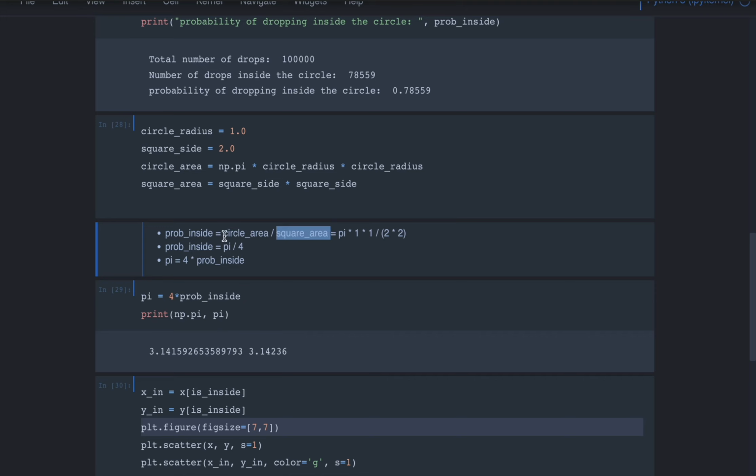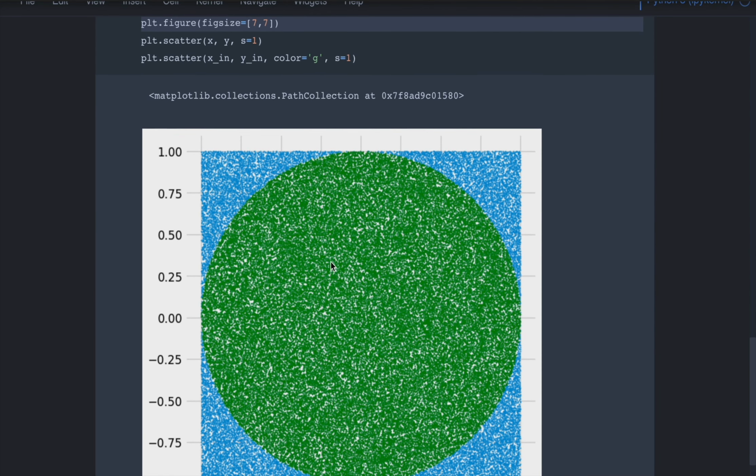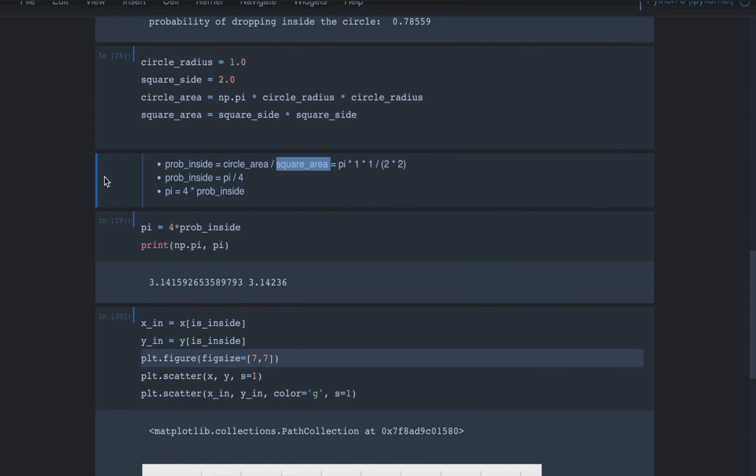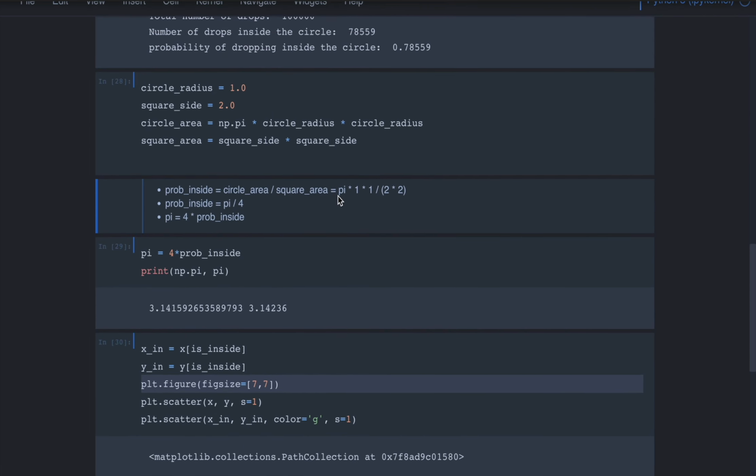So the bigger the area of the circle compared to the square, the higher the probability. Of course the circle area won't be greater than the square area, because this is the maximum circle we can fit inside the square.